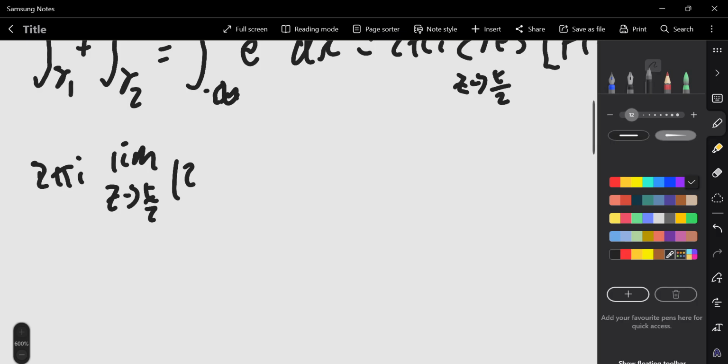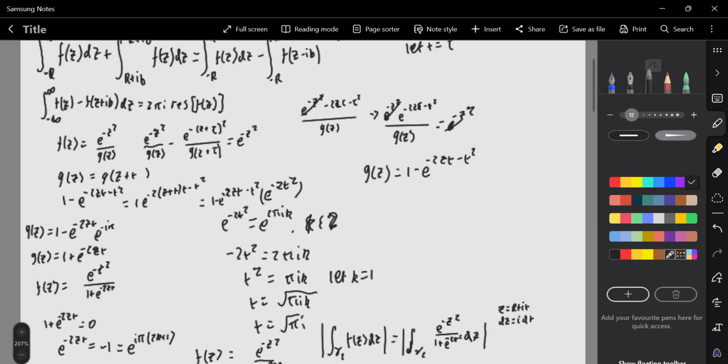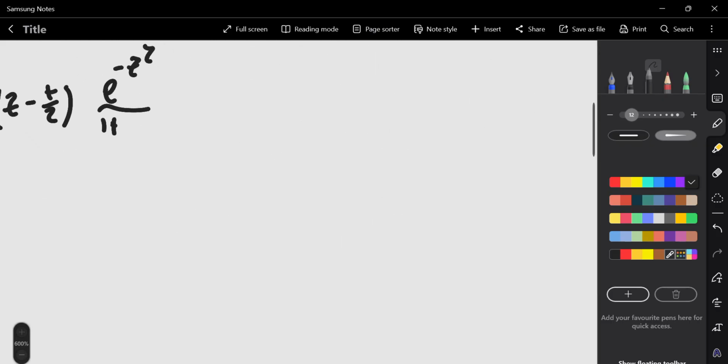Of z minus t over 2 times e to the minus z squared over 1 plus e to the minus 2zt. Pretend that says 2zt. I know you can't really see. So yeah, we're gonna need to use L'Hopital.